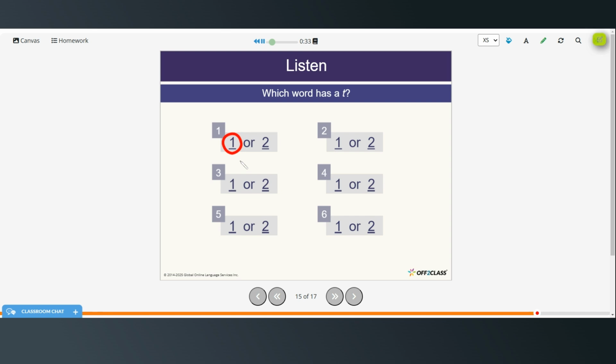Tea, key. Hit, hid. Cab, tab. Tall, call.